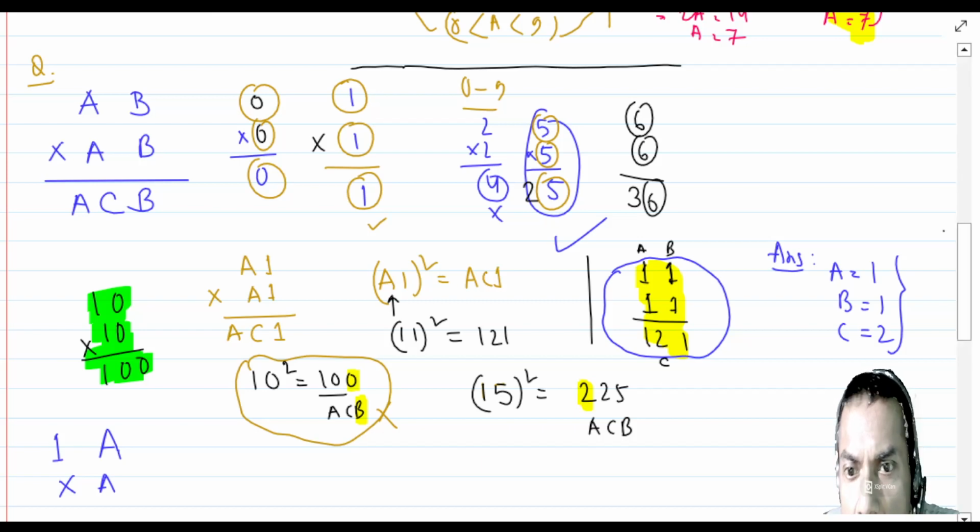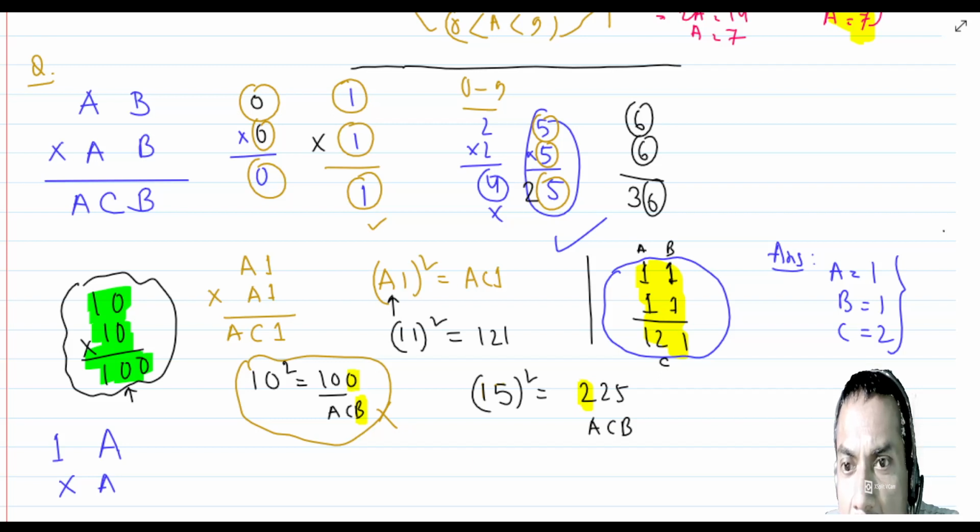Here C and B are not the same, not given here. If so, why would they put C? They could put B here, A, B, B, and then it could be the right answer. But since C is given, meaning different alphabets, we are not considering this as an answer.